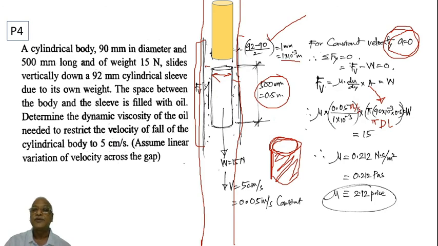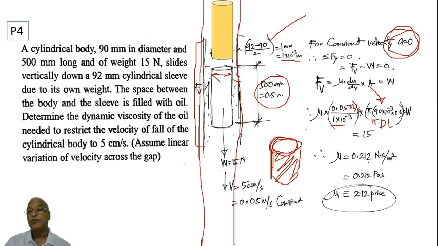So 1 mm is substituted as 1 into 10 raised to minus 3 meters. So overall, if you look at this, what is the value of mu if you simplify, because the viscous force is given by this, and this is equal to W, that is 15 newtons. So this has to be equal to 15. So the only unknown in this equation is mu, the viscosity.